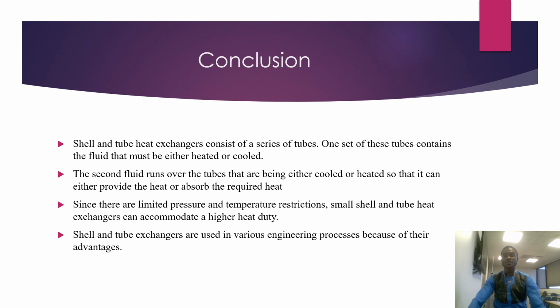One set of these tubes contains the fluid which must be either heated or cooled. The second fluid runs over the tubes which are being either cooled or heated, and the second one basically provides the heat or absorbs the required heat.